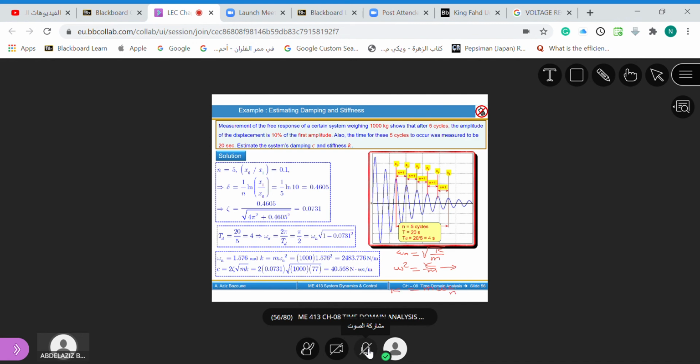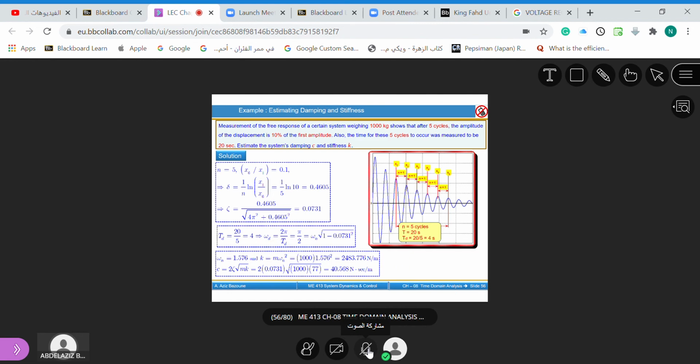The mass is given to you to be 1000, so k is 1000 multiplied by omega n square, and you will find the stiffness to be 2483.776 Newton per meter.